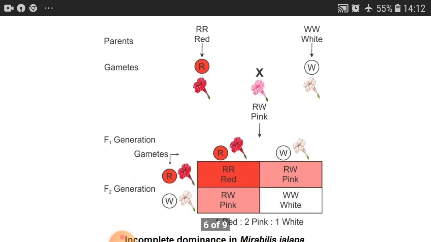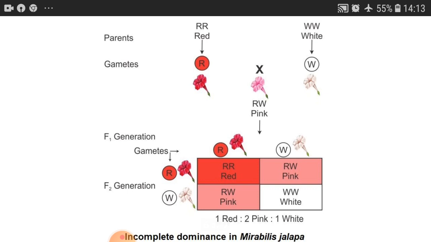Now this is according to complete dominance and recessiveness. But supposing complete dominance and recessiveness does not occur, then what will happen? This means that there is incomplete dominance.